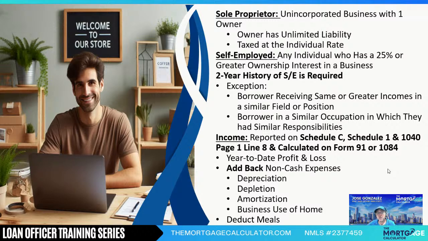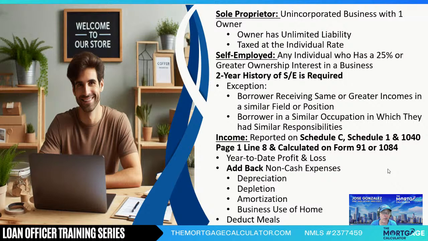Now, when you are completing the Form 91 or 1084, please note that there are certain non-cash expenses that can be added back to the income to calculate the adjusted income, because these are non-cash expenses. These are like paper expenses.